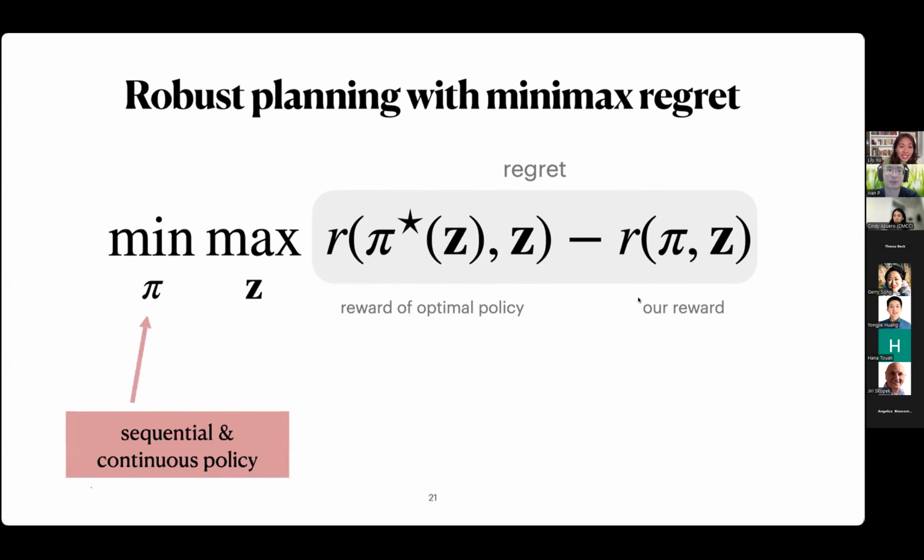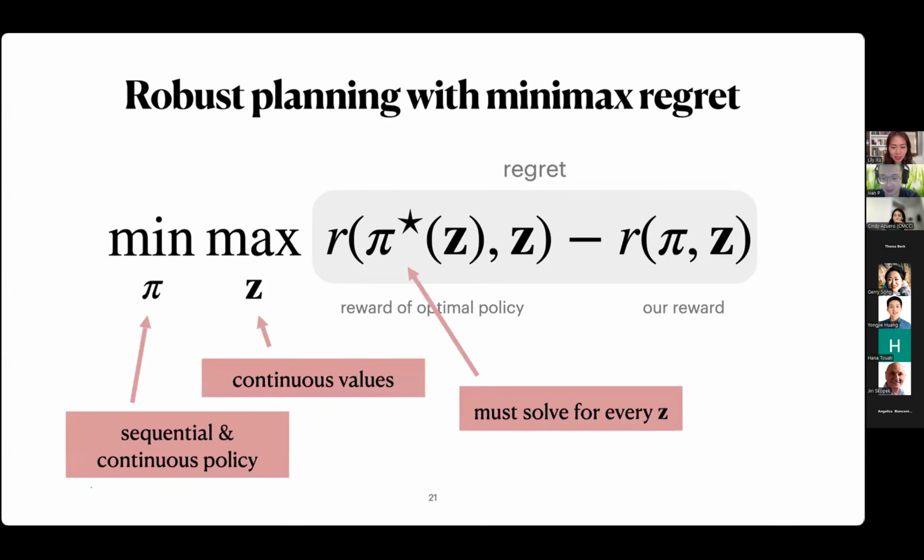And our policy here is some continuous sequential mapping of states to actions. So this is exponentially large and continuous. And then these uncertain parameters z are continuous values. That's also a very large uncertainty space. And then the optimal policy pi star has to be solved for every time that we update z.